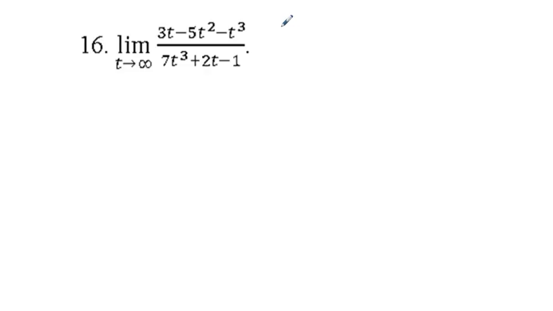This is a situation that I've euphemistically called Betsy, where bottom equals top, use coefficients, because we have negative t cubed in the numerator and 7t cubed in the denominator. So our answer for this is going to be negative 1 over 7. That's all there is to it. Negative 1/7.